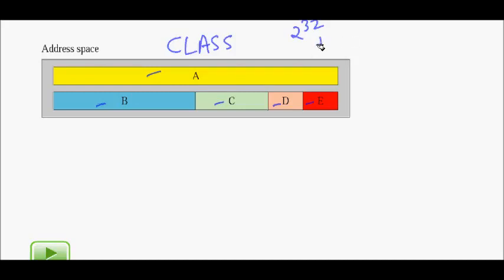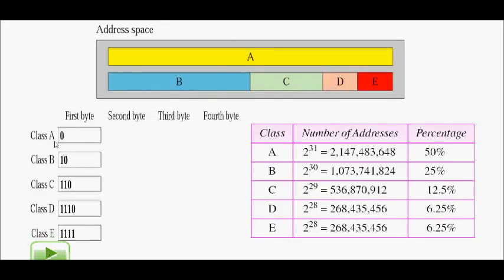Half of it is taken by class A addresses, because class A starts with first bit 0, and the next bits can be anything. B is 1, 0. Okay, so we will look at the rule. For class A, you have the first byte, in which the first bit is 0.